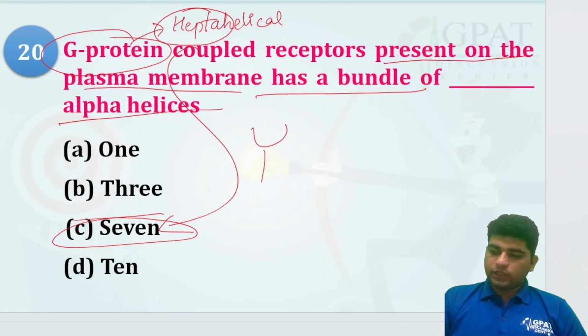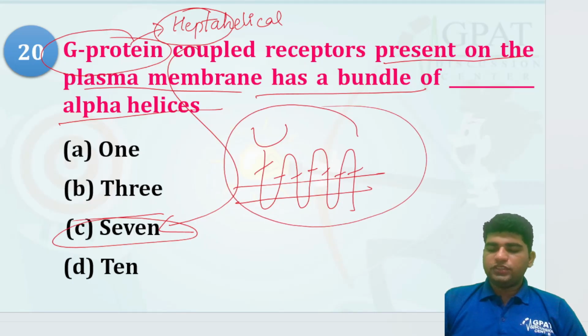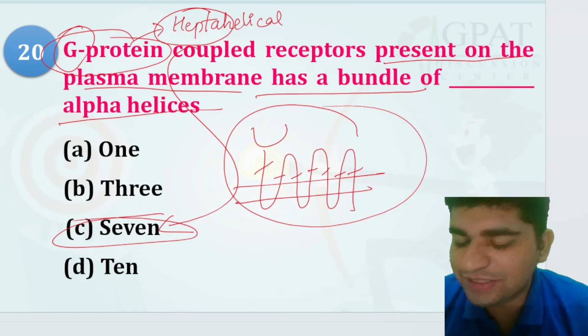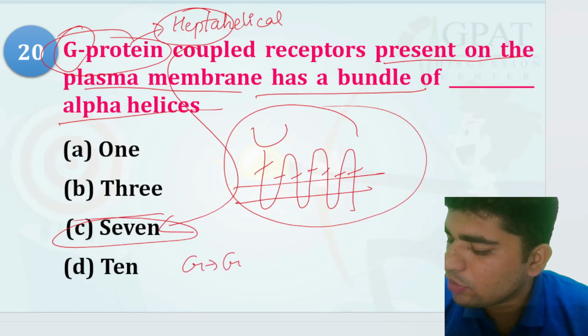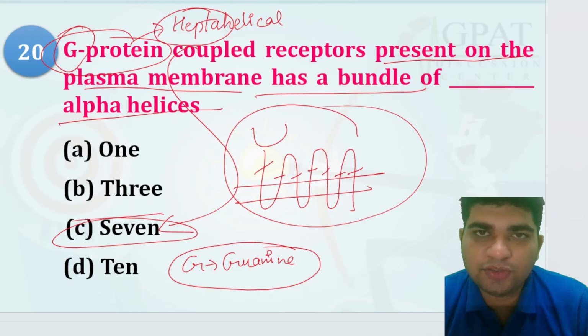For example, over here: first, 2, 3, 4, 5, 6, and 7. This is the structure of the GPCR, G protein coupled receptor. But what is G over here? Can you tell me what G stands for? G stands for guanine. It has already been asked in your exam that G in G protein coupled receptor is guanine.